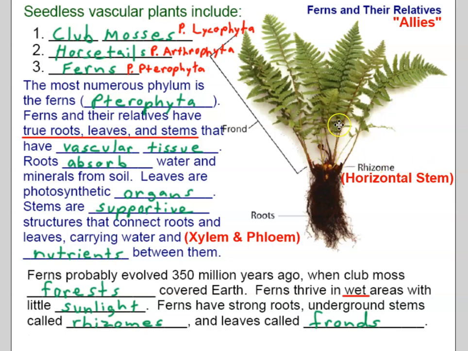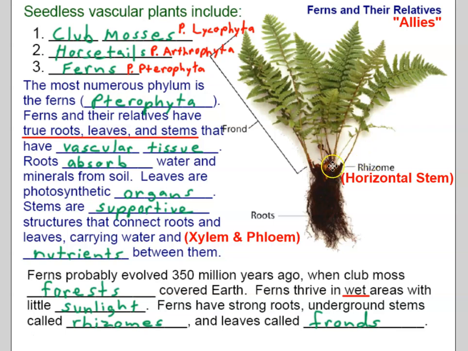And then the leaves, which are known as fronds in ferns, are coming from the stem. Just like a vertically growing stem, the leaves come off of the stem. In this case, the stem is running horizontally along the surface of the ground, and the leaves are branching off of the stem and growing up to capture the sunlight.